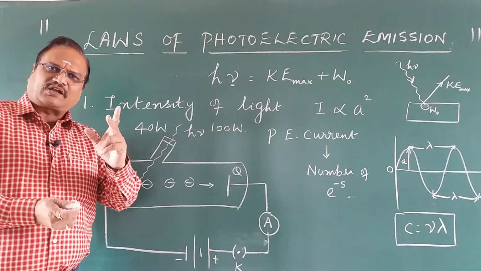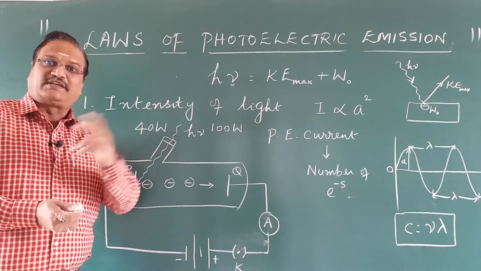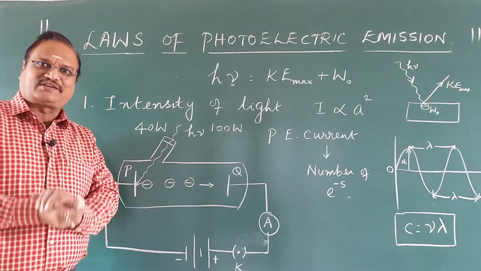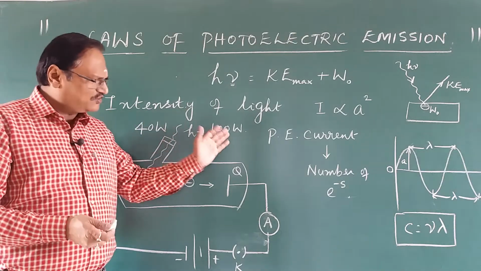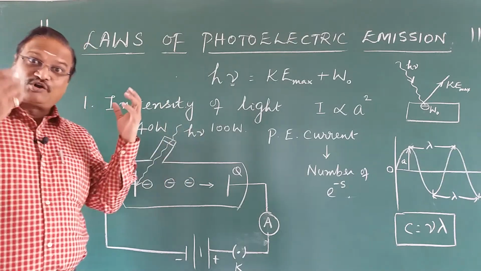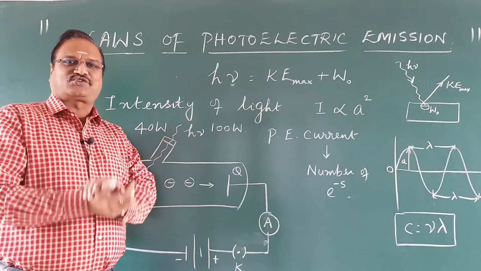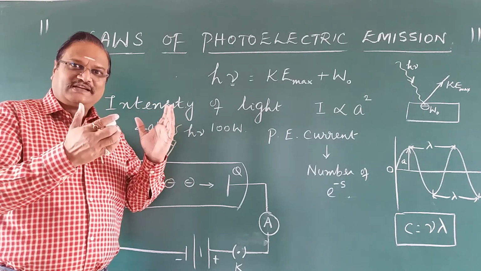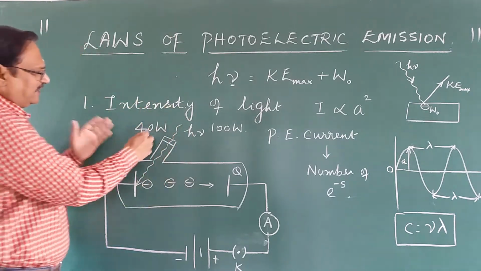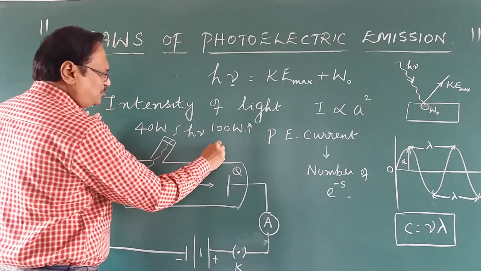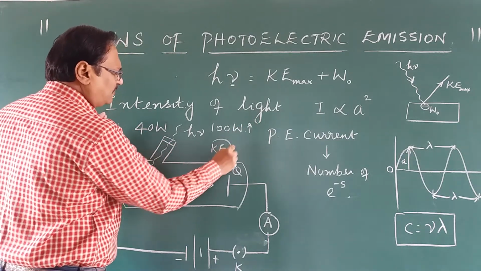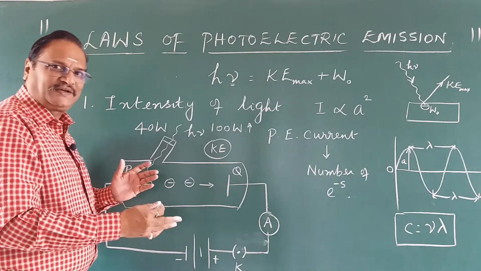But according to the classical wave theory, what it says actually is, the more the intensity, the more the energy of the electrons. That if the intensity increases, then the kinetic energy of the electrons will be more.